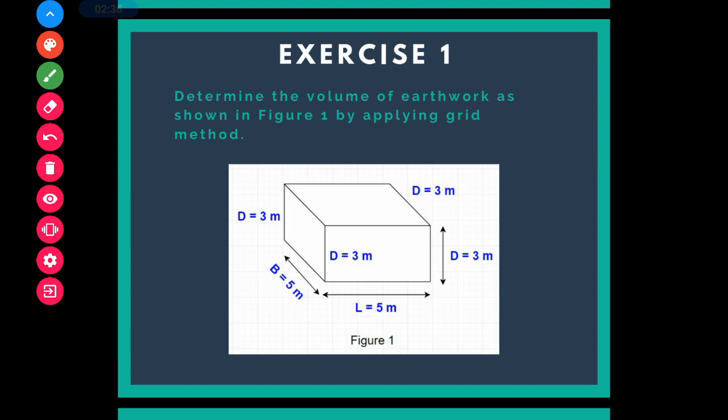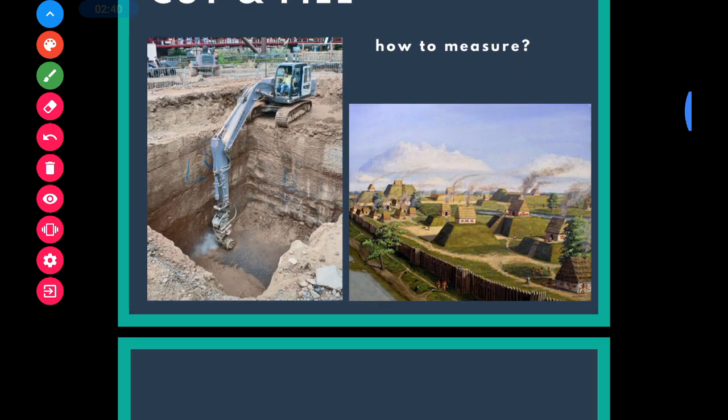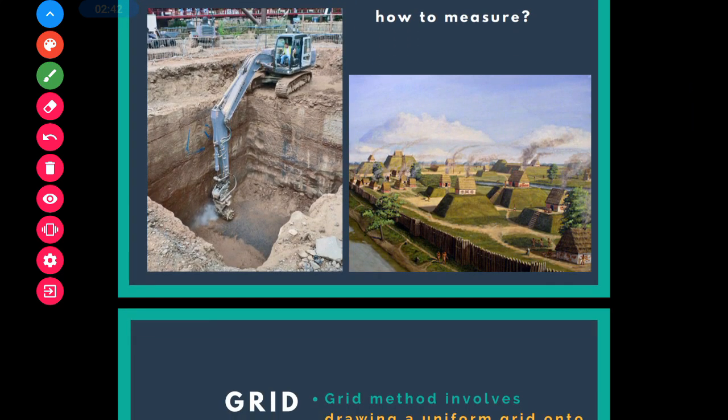Basically for this one, it's like this diagram here, whereby maybe this location is a flat area. So before we construct a house, they normally build a platform here. So they increase the level of the platform so that when a flood happens, their house will be safe.